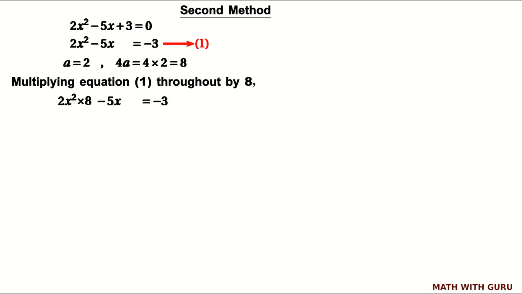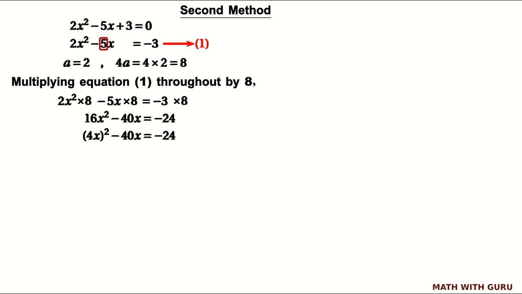2x squared into 8 minus 5x into 8 equals minus 3 into 8. 16x squared minus 40x equals minus 24. 16x squared can be written as 4x whole squared minus 40x equals minus 24.